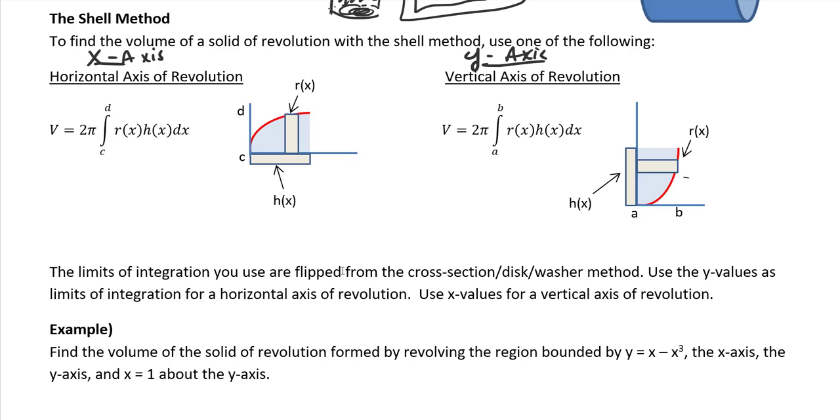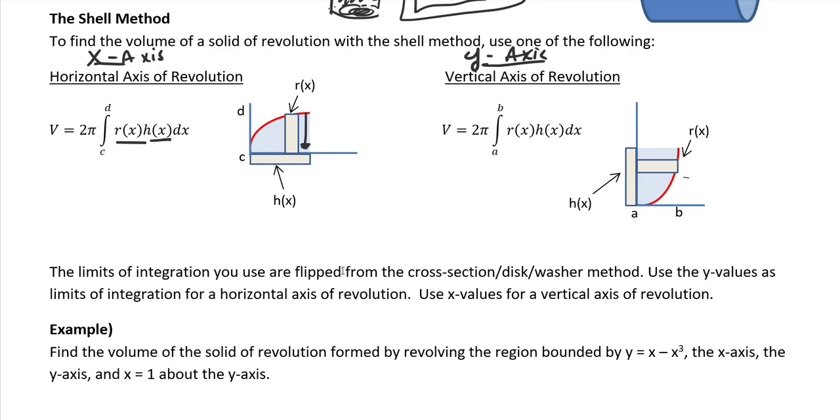I have to find the radius and the height of the function. In this case, the radius is from the function down to the x-axis. We're rotating the function that way, but it's going to be some crazy function that we won't be able to find a good value for. So that's the radius, from the function down to the x-axis.